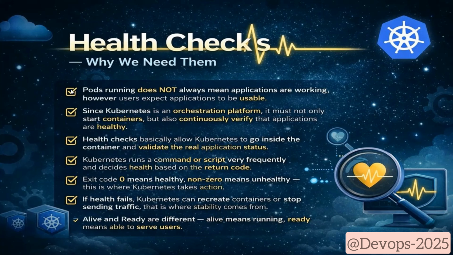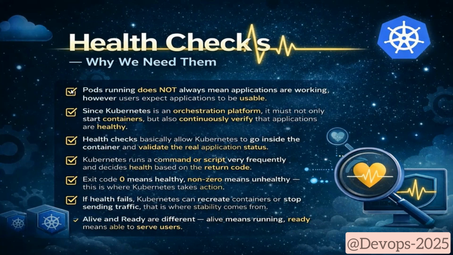Kubernetes itself does not know your application. It will only do one thing: run the command or script which is given by you. Once the command or script has run, Kubernetes will look at only one thing, called the return code, which is the output.